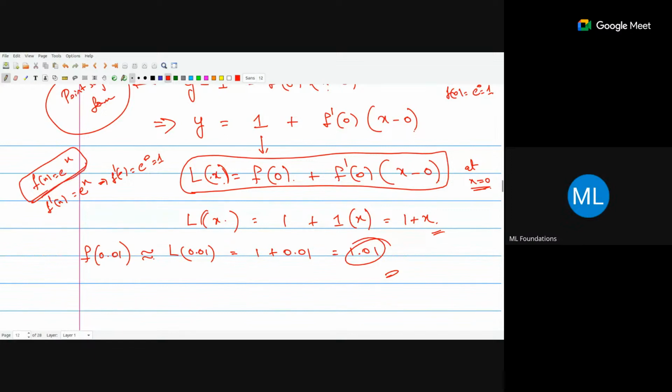We know the function f of x is e to the power x, but forgetting the simplicity of the function, the value-based judgment sounds a little wrong. Since f of 0 is 1 and f dash of 0 is 1, should the value not fall somewhere in between?